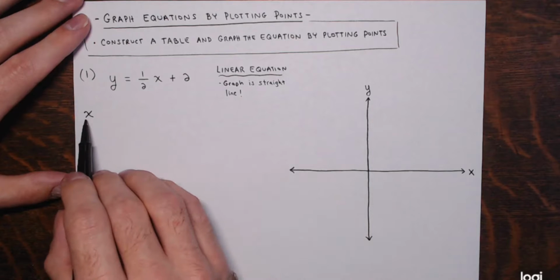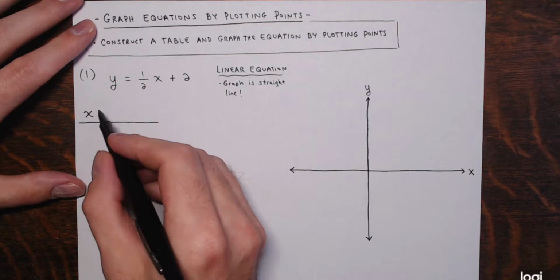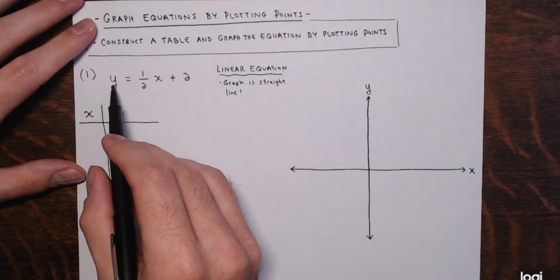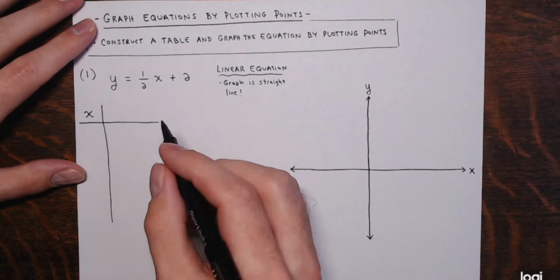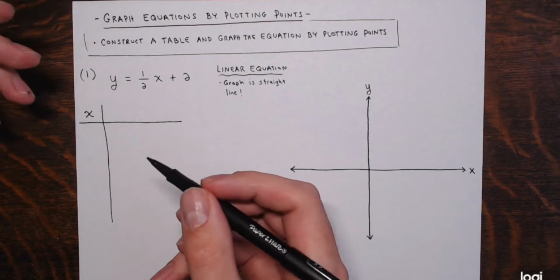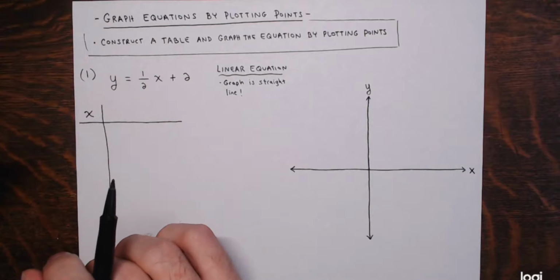I'm going to input a value of x, and then we're going to calculate what the value of y needs to be in order for the equation to be a true statement.